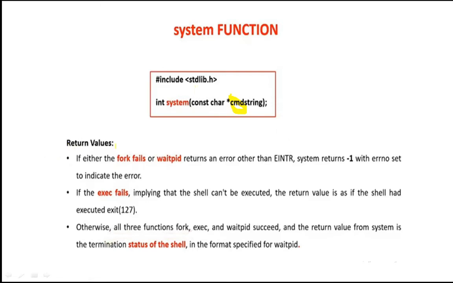The return values of the system function: if either the fork function or the waitpid fails, it is going to return an error other than EINTR. System is going to return -1 with errno set to indicate that there is an error.